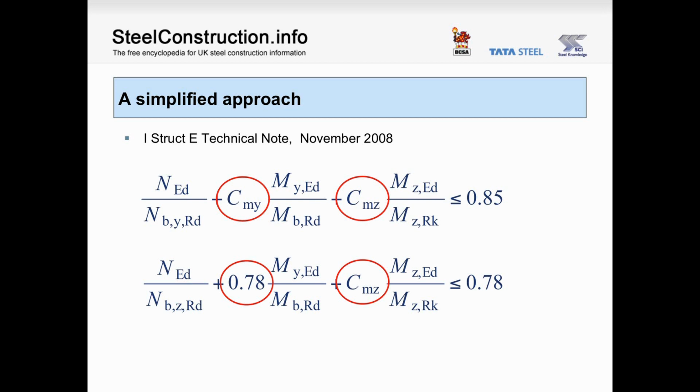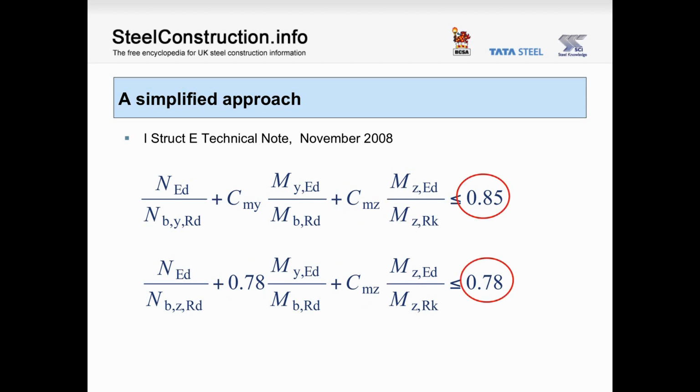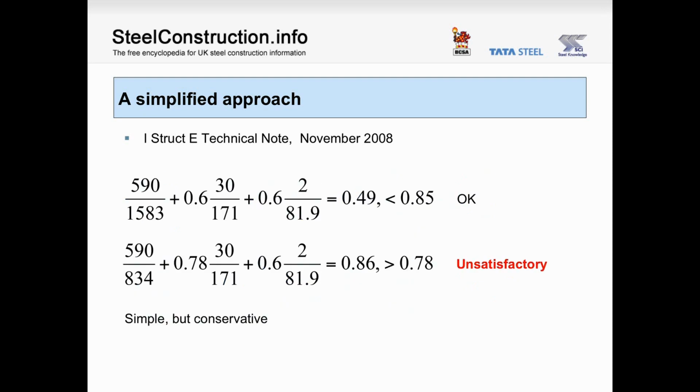The C factors merely address the shape of the bending moment diagram. The penalty of using this simplified approach is that the utilisation is no longer unity, but rather less than 1.0. If we substitute the values that we've calculated into this simplified approach, it would appear that the column fails. So it demonstrates that the simplified approach, though easier, is a little bit conservative.